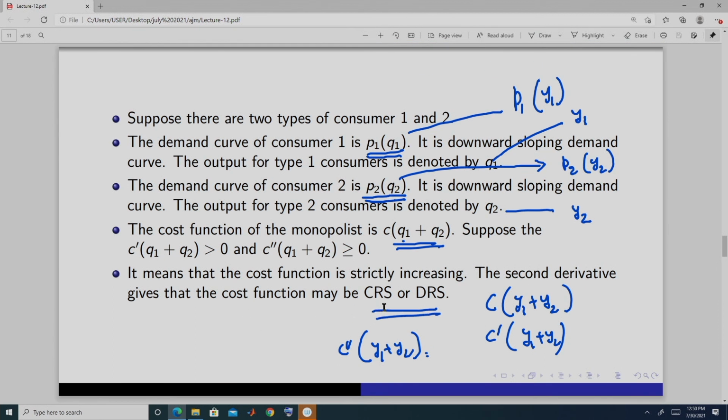So, CRS or DRS will satisfy this, but this condition is also satisfied when one of the factors is fixed and the other is variable, and the law of diminishing marginal product is operating. In that case, we will get this, that is the marginal cost is upward sloping, and so we will get the second derivative of the cost function to be a positive number.